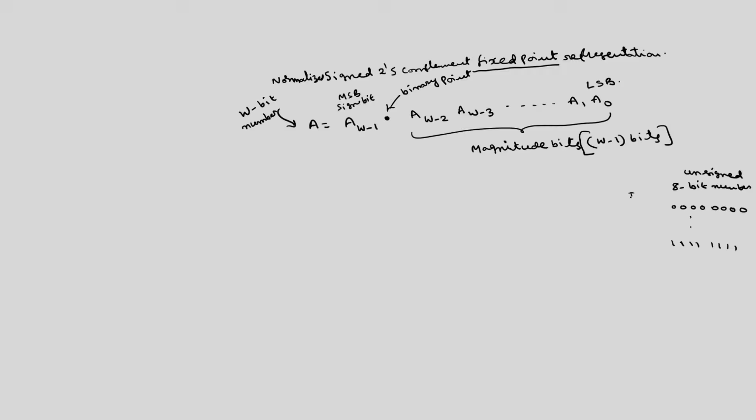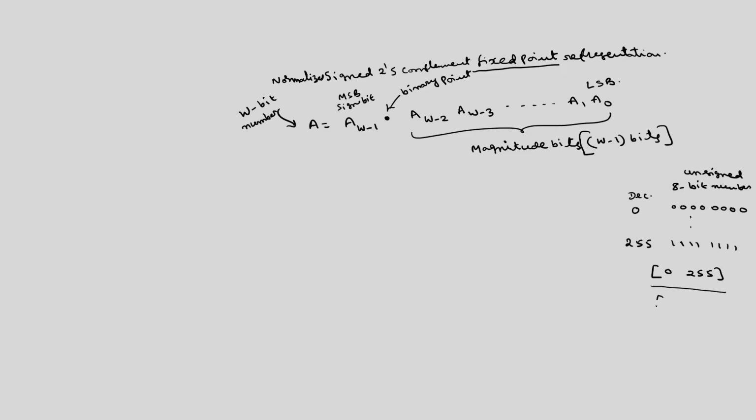In decimal, this is 0, this is 255. So, the range is 0 to 255. Range is normally represented with parentheses. So, this is the range of the numbers that can be represented in unsigned format.